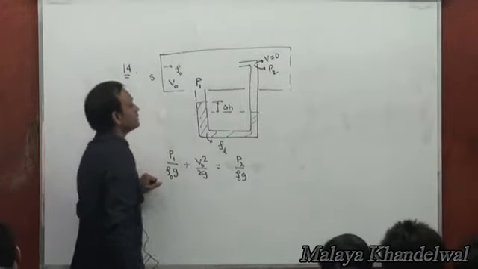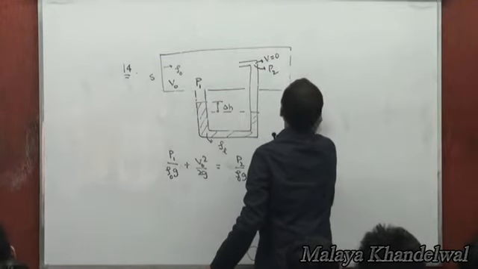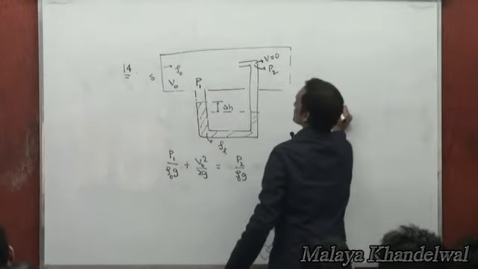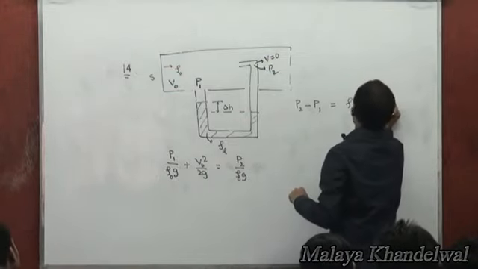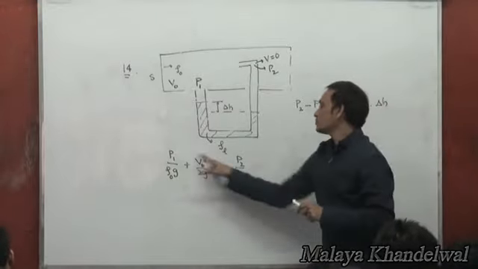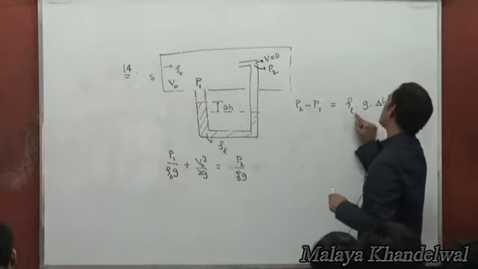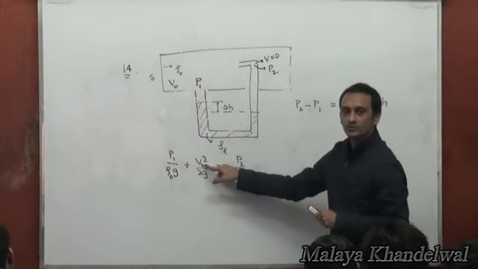Right, and evidently P2 minus P1 is rho of the liquid G into delta H, yes or no? So P2 minus P1 from this equation could be written as rho L G delta H, and the V naught could be obtained from this equation.